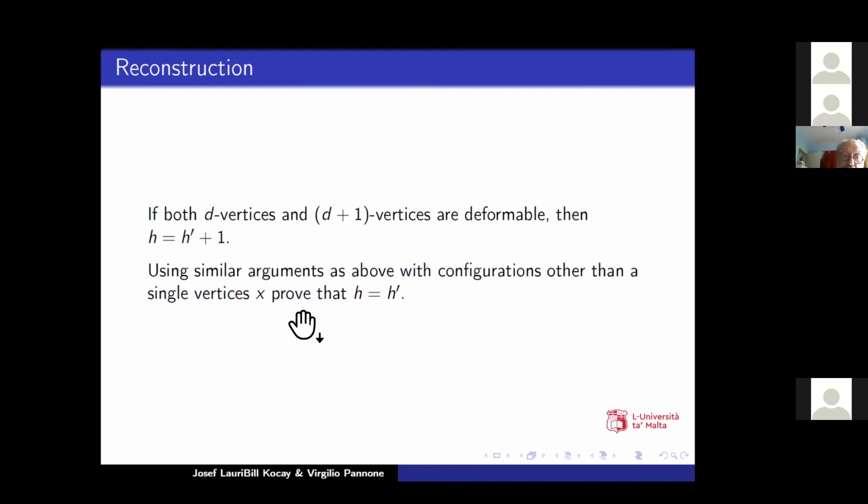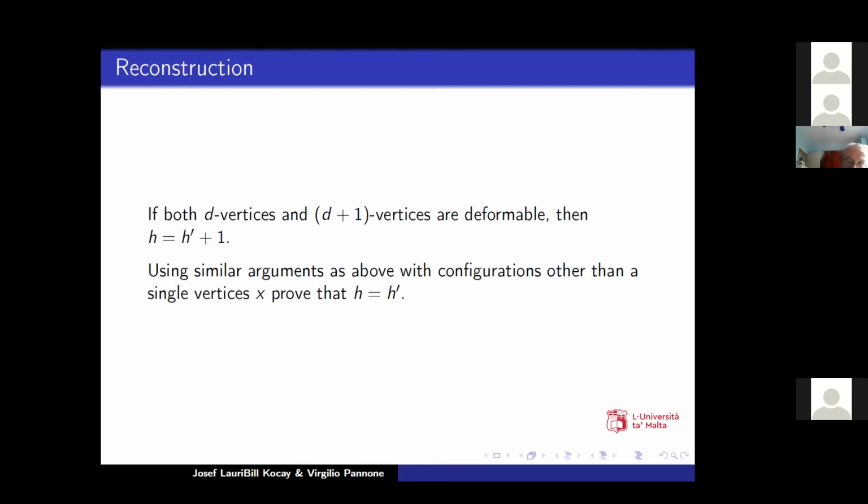But also using the same argument as the previous diagrams, but instead of with a single vertex with some other configurations, we also prove that H equals H prime. This is a contradiction, therefore we cannot have both D vertices and D+1 vertices deformable, therefore the graph is reconstructible.